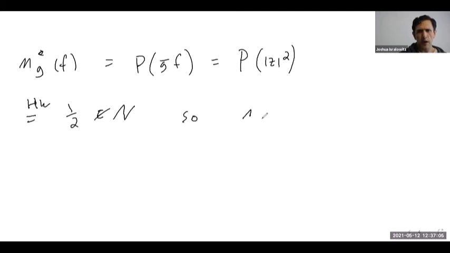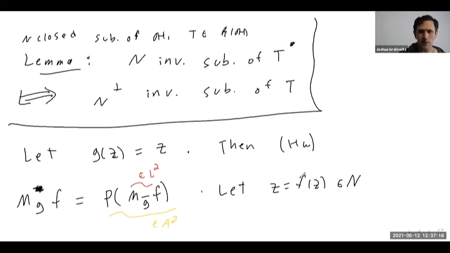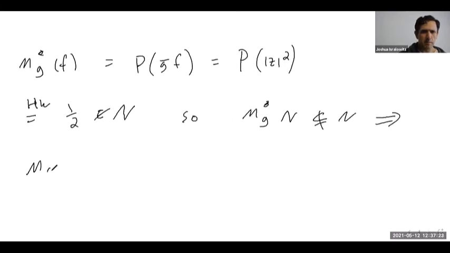Okay. So M_G star N is not a subset of N. So that implies, just from here, that M_G N perp is not a subset of N perp.